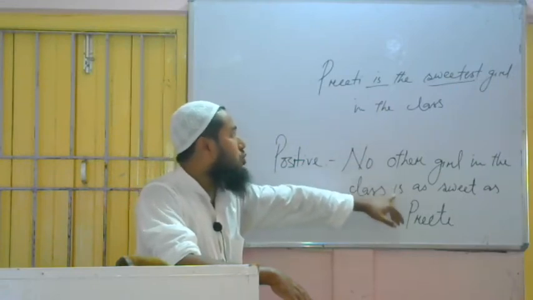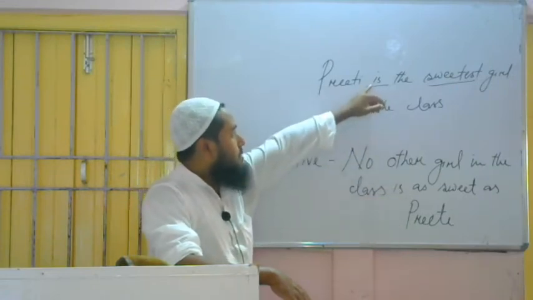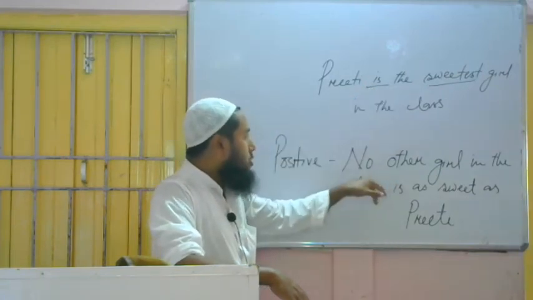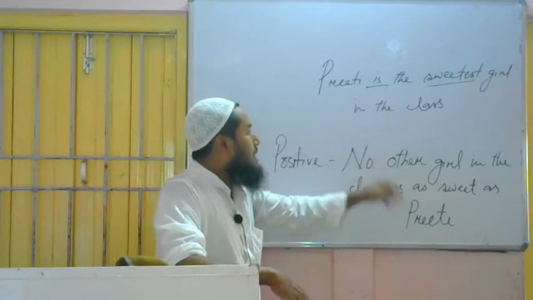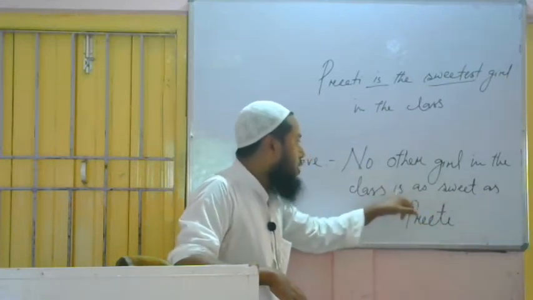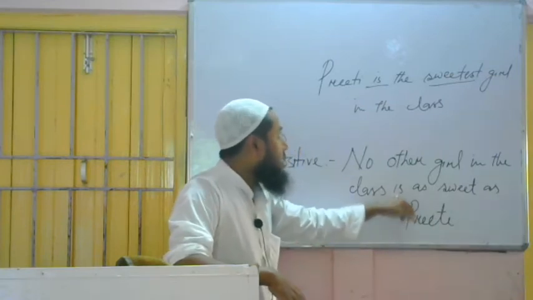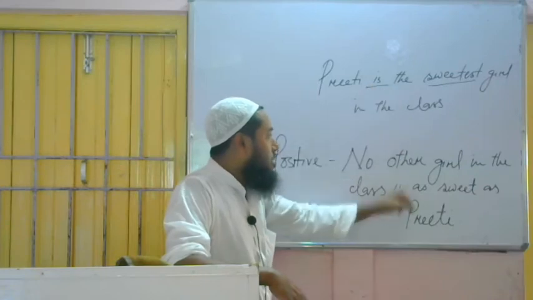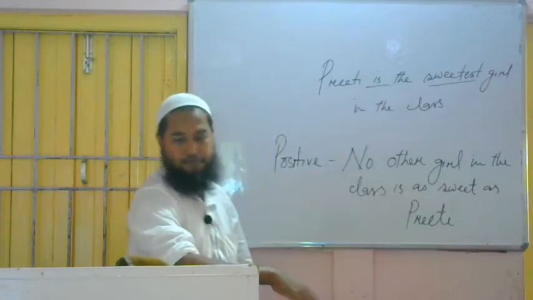Whatever auxiliary verb is there in the question, we have to use it according to the subject. Here we are telling about Preeti, she is singular, that's why we have used is. We are not to change the tense of any sentence. It is there in present tense, we have to keep it in the present tense once again.